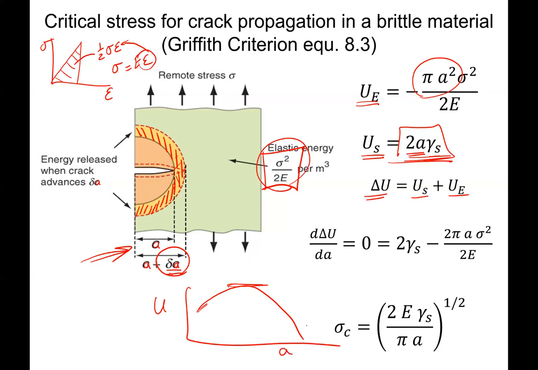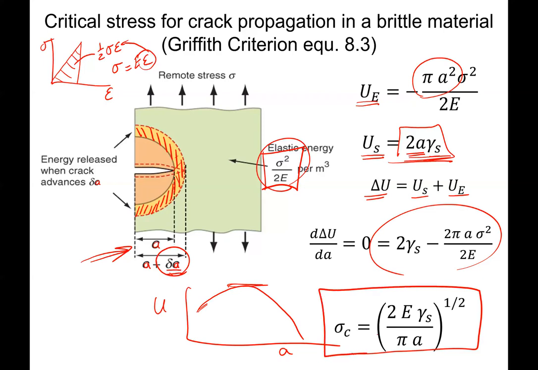So we'll take the derivative with respect to A, set that equal to 0. And then when we solve, we get out the Griffith criterion. So this is going to tell us the stress needed at this maximum for the energy to then start to drop if the crack advances in length. So that becomes a critical crack length or a critical stress.